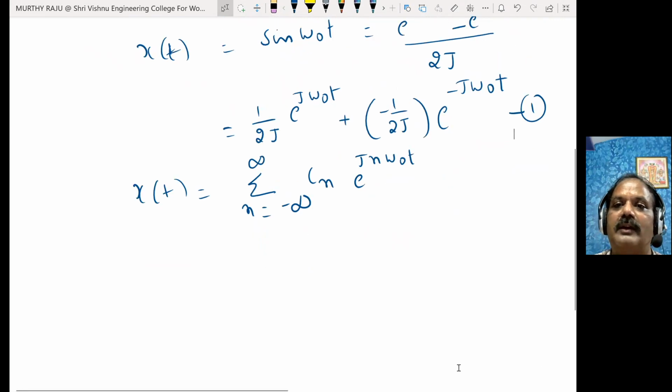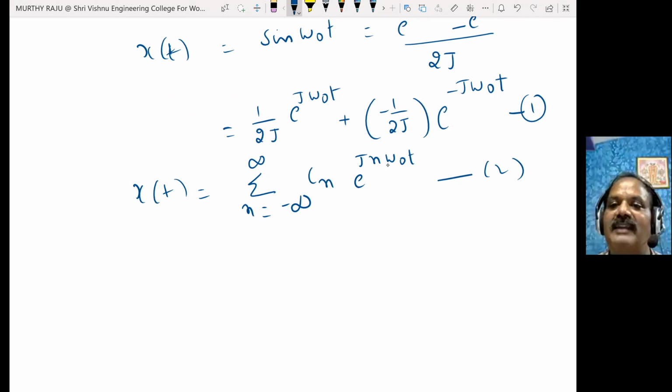In the expression, e power j omega naught t and e power minus j omega naught t are there. That is the reason in this second equation, suppose n value is equal to 1, c1 e power j omega naught t. N value is equal to minus 1, c minus 1 e power minus j omega naught t. Therefore, the second equation is converted into the first when n is equal to 1 and n is equal to minus 1.